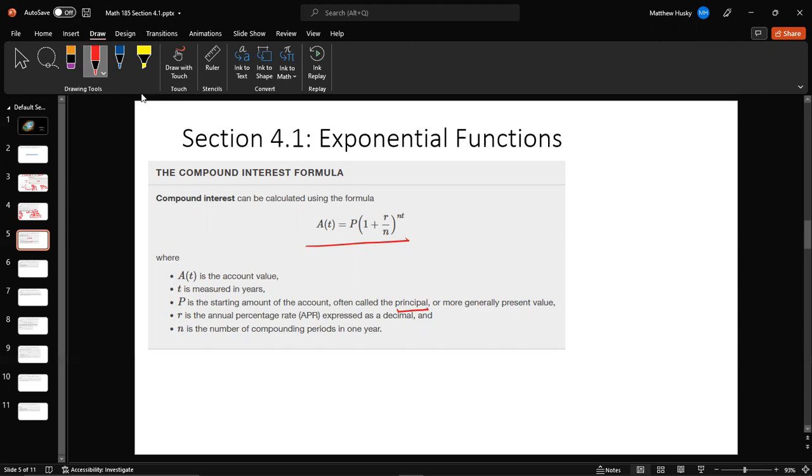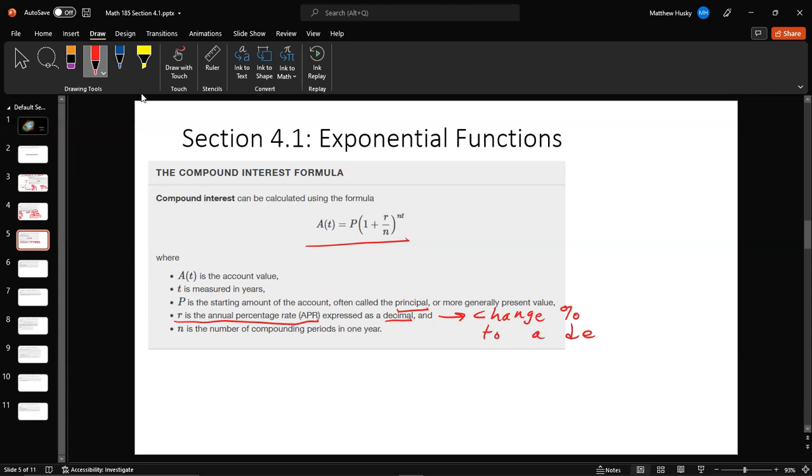You also sometimes see the term present value, which is how much you have now versus how much you'll have in the future. r is the annual percentage rate, the APR. You want to have that expressed as a decimal, so you're going to want to change the percent to a decimal.